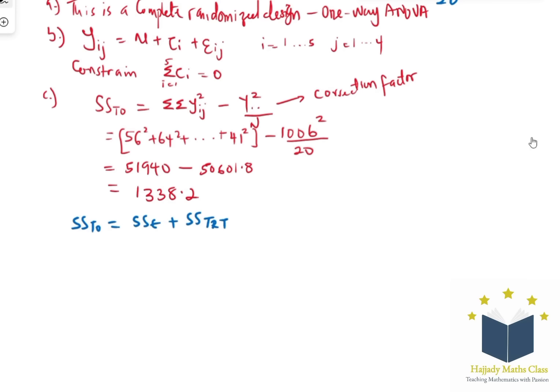So calculating my SS treatment, I'm going to use two formulas here, but the first formula is the double summation of yi dot bar minus the grand mean, squared. So using this formula, we're going to have yi dot bar minus y dot dot bar.